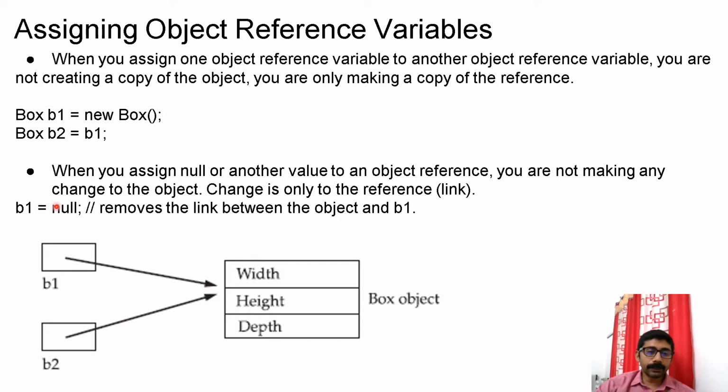If I set b1 equal to null, it removes the link between the object and b1. It is not deleting the object. Object deletion is actually the responsibility of the garbage collector. If you set this reference equal to null, the value of this reference is updated with null. It is not changing the object. So this link is getting removed.